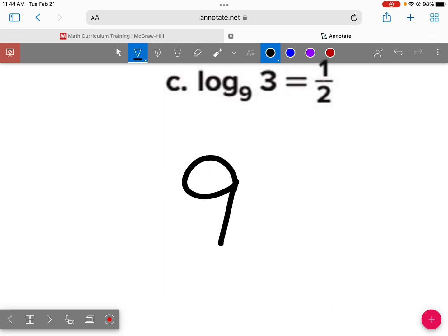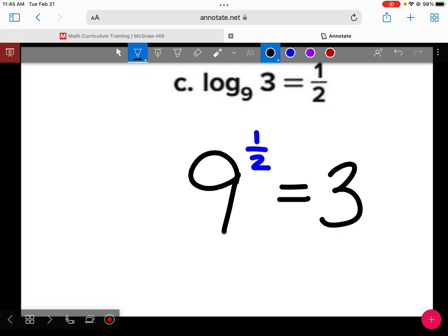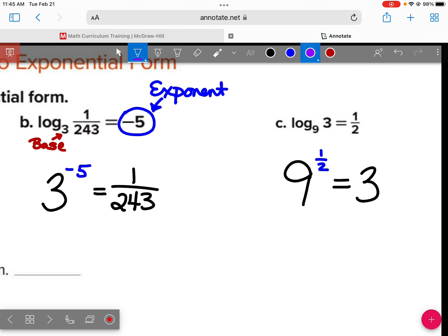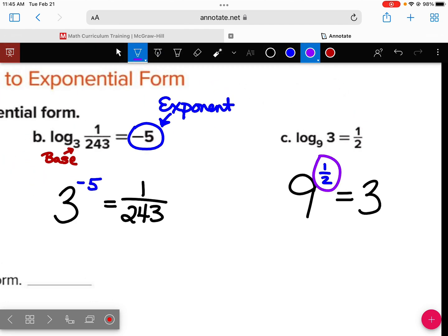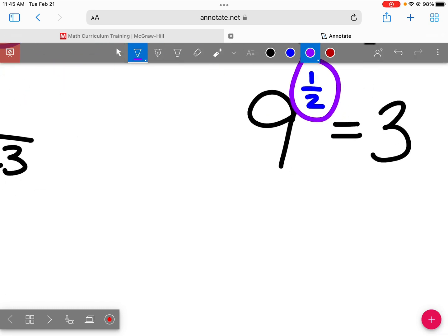Help me rewrite this last one. 9. Exponent is 1/2. And is that the argument? Yep. Equals 3. Does anybody remember what's special about fraction powers? I would absolutely get this written down on your page.